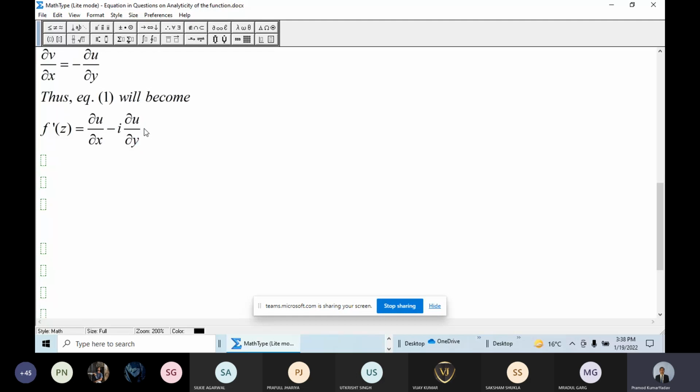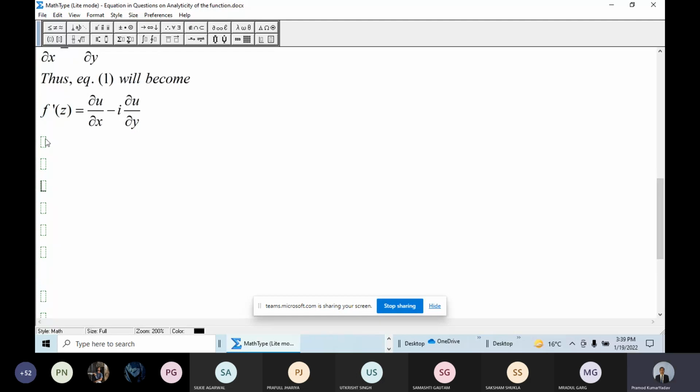And if we know del u by del x and del u by del y, it means we can find the value of f dash z, and hence we can find the value of f(z). So now I'm going to summarize all these things. We are going to assume this del u by del x at x equal to z and y equal to 0 as some function psi 1.